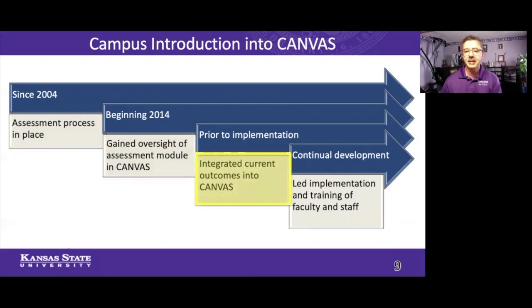To facilitate a seamless integration, the Office of Assessment pre-populated each program's learning outcomes into Canvas. So when programs and their faculty began using the LMS, the outcomes from the current assessment process were ready to be aligned with assessments for immediate collection of student achievement data.